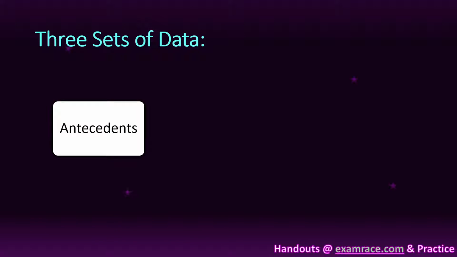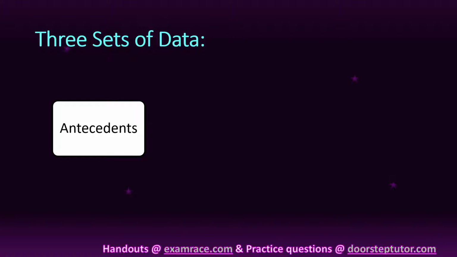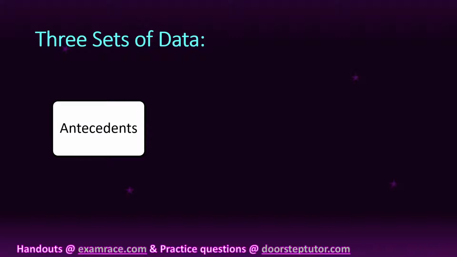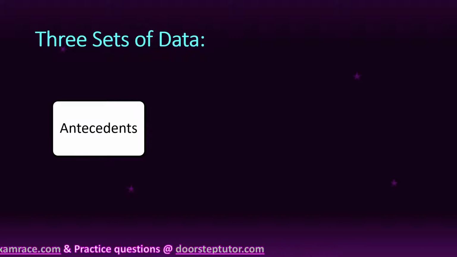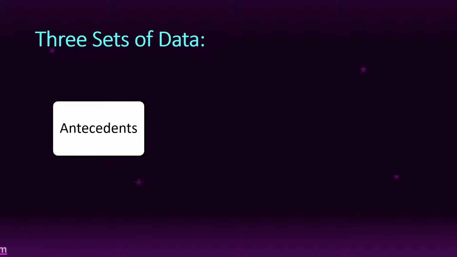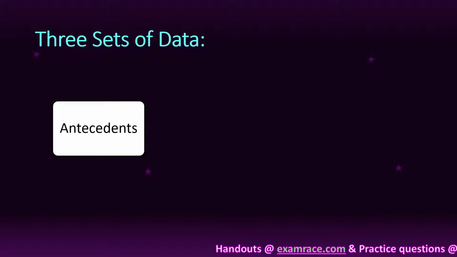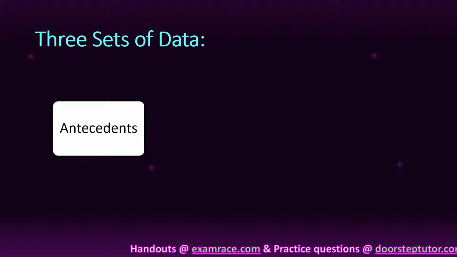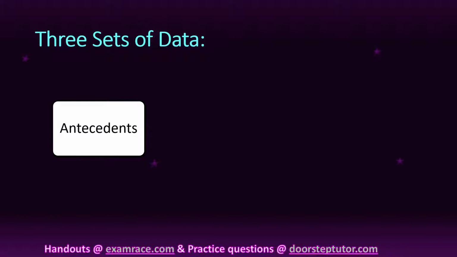First one is what? Antecedent. So what is the meaning of antecedent here? Antecedent means prior to learning and teaching. Antecedents involve all the things which were done prior to teaching. If the teacher made all the things prior to teaching, those are antecedents.